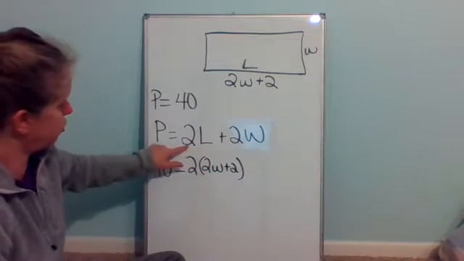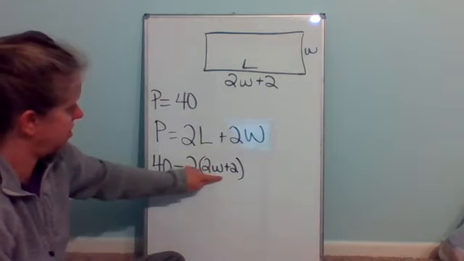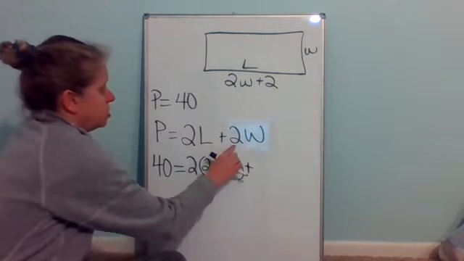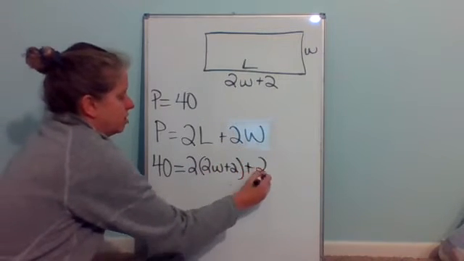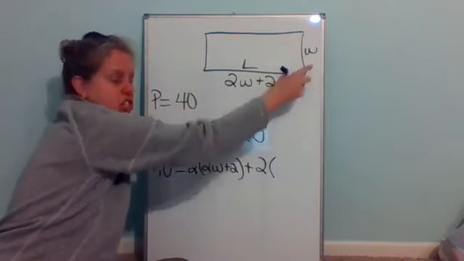So that takes care of 2 times the length, plus 2 times the width. Well, the width is just w.